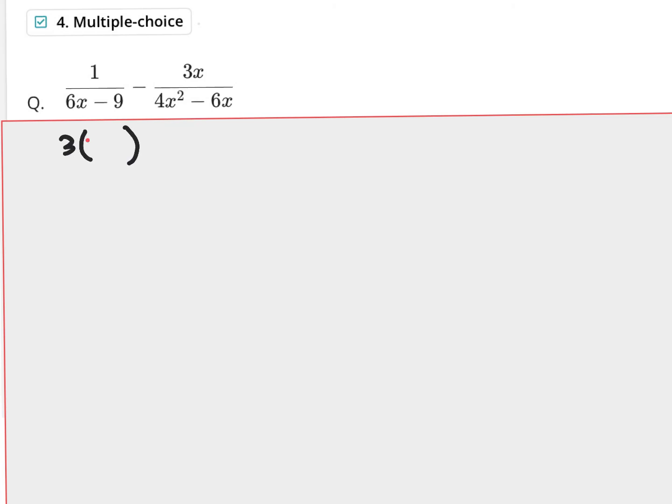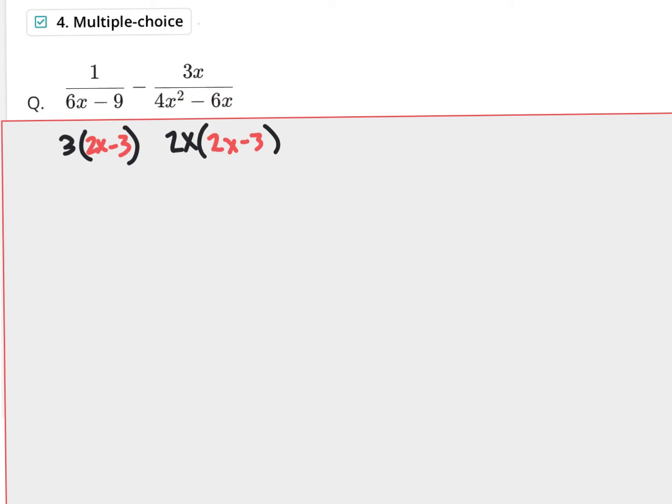We would have left a 2x minus 3, okay? And on the second denominator, we could factor out a 2x, and what would we have left? We will also have a 2x minus 3. So all I did was factor this to become this and factor this to become this.